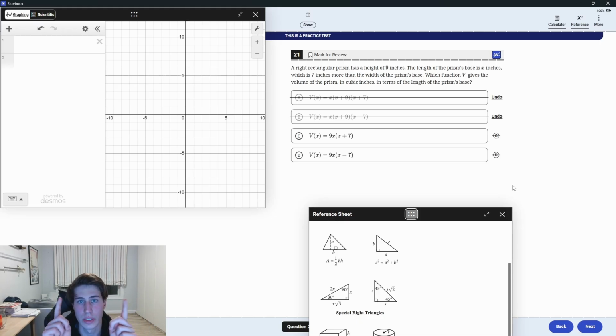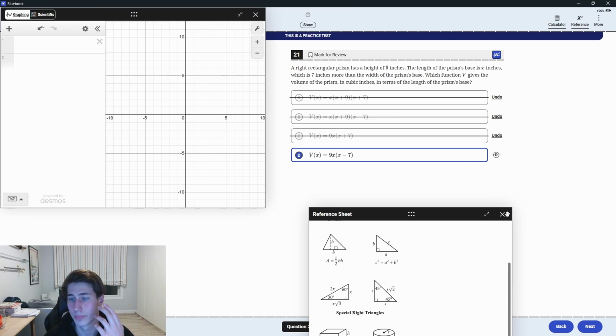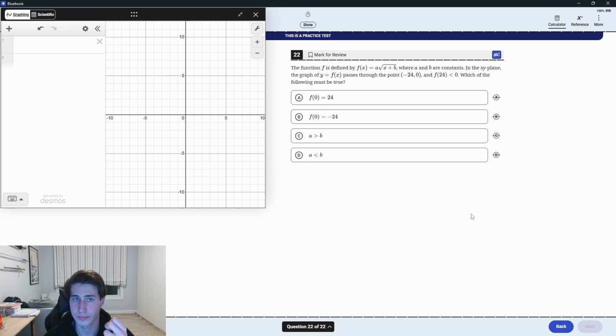And that is 7 inches more than the width. So the width is x minus 7, because if the length is 7 inches more than the width, the width has to go in the opposite direction and be 7 inches less. So in this case, D matches that instead of C. So D is our answer choice here.